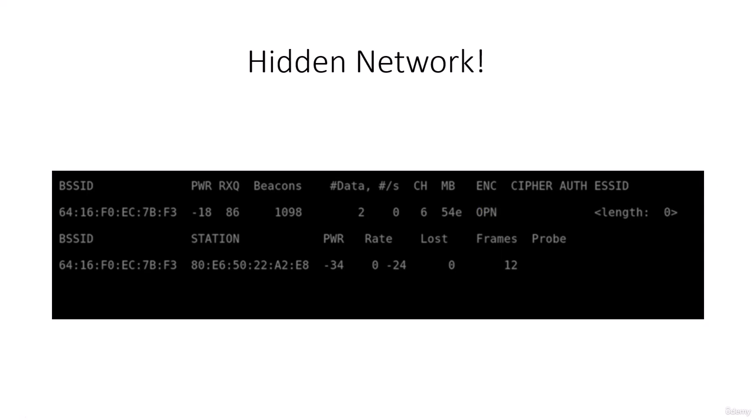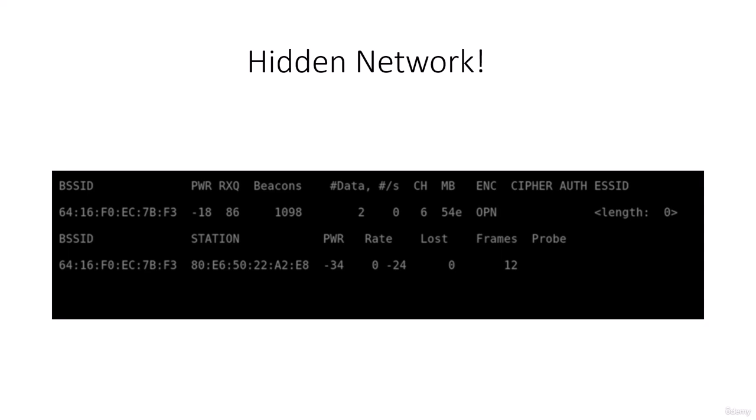But what we can also see is that there is a client connected to the network right here, because as we said in the second lecture, Airodump-ng shows us the connected devices. So there is a device connected to this network, and the device has a MAC address.